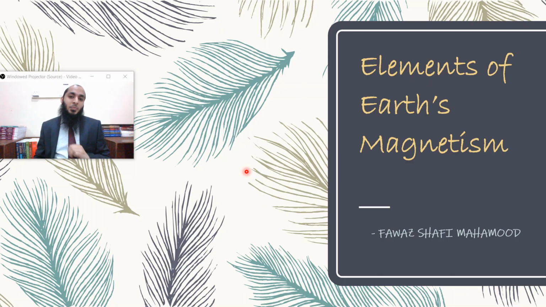And number three, if you keep a bar magnet, there will be a neutral point where the magnetic field will be zero, and that gives us evidence that the magnetic field due to the bar magnet was cancelled by the Earth's magnetic field. So these are the three evidences that a magnetic field is produced by Earth.